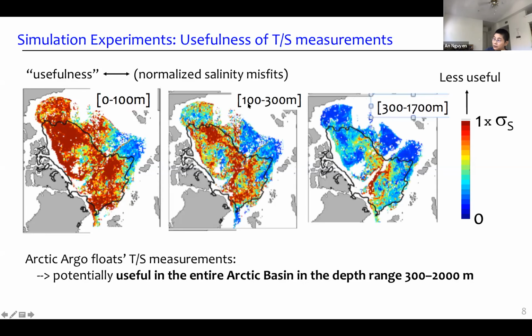But if you go down to 100 to 300 meters, the information can already be useful, and more particularly in the deep Arctic where the variability is less. So you can accumulate large error in position, and yet the uncertainty in the hydrography is small enough for the information to still be very useful over the entire Arctic basins, in particular along positions where it can be very complementary to Argo floats sampling at the moment. So it can really constrain where we don't yet have the information.